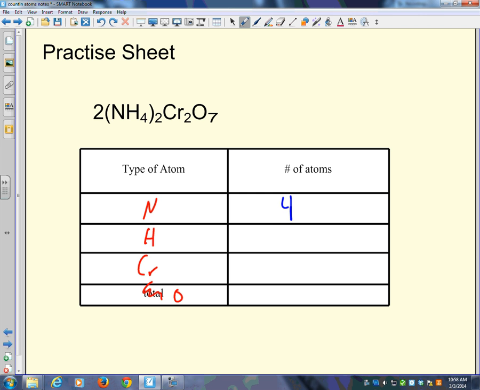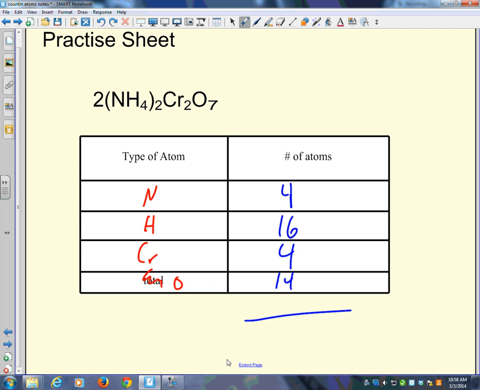How many H's? 2 times 4 is 8. 2 of those is 16. Cr2, but there's 2 of those, so that's 4. And O7, but there's 2 of those, so that's 14, and whatever the total is, 20, 24, 28, 38 altogether, right? All right, good.